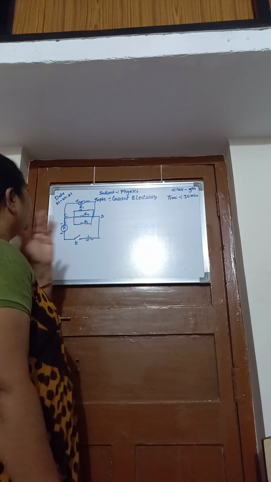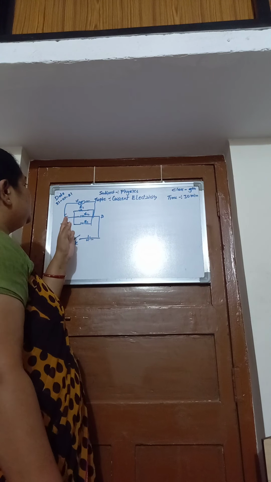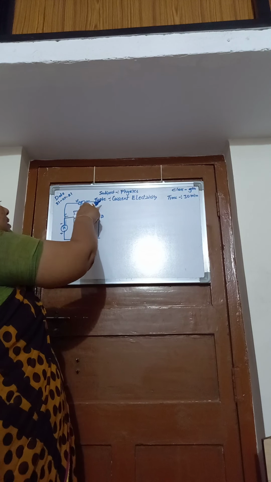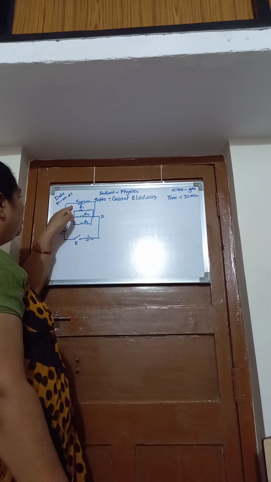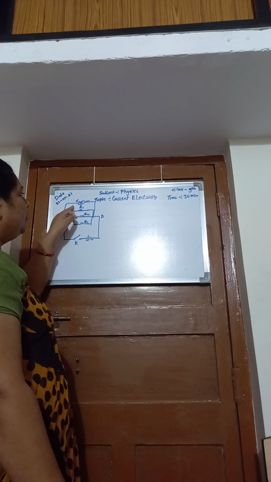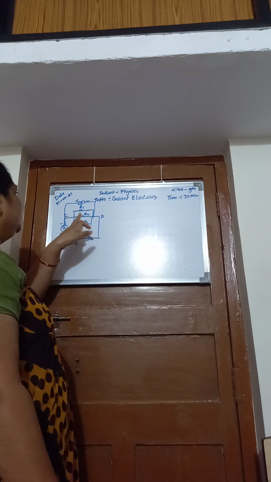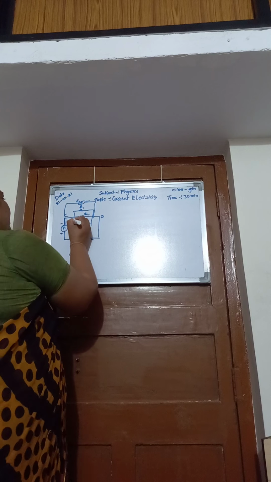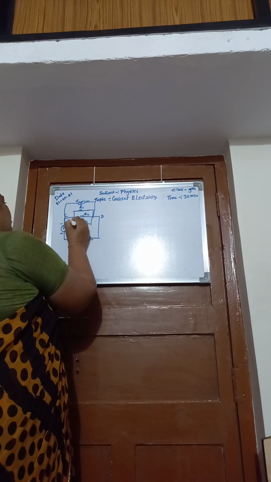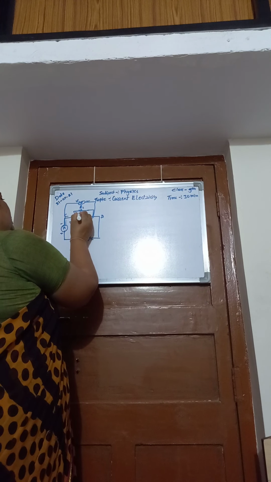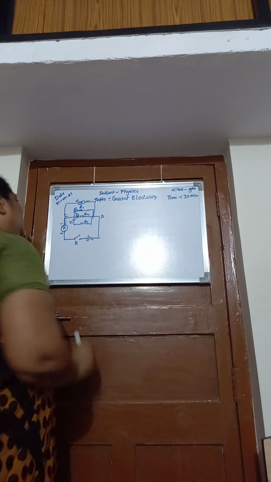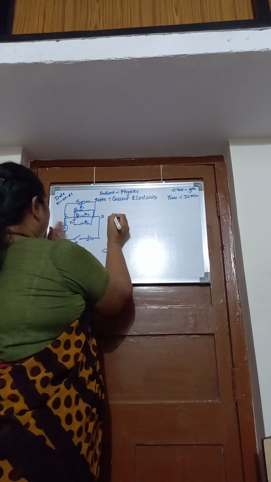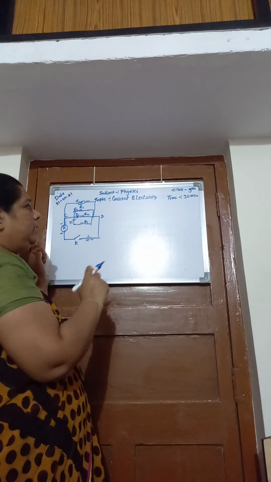Okay. Therefore, the voltage across these resistances is the same. Voltage across all three resistances is the same, and current is not the same. This is I1, I2, and I3. Then we know that this current is divided in three resistances.